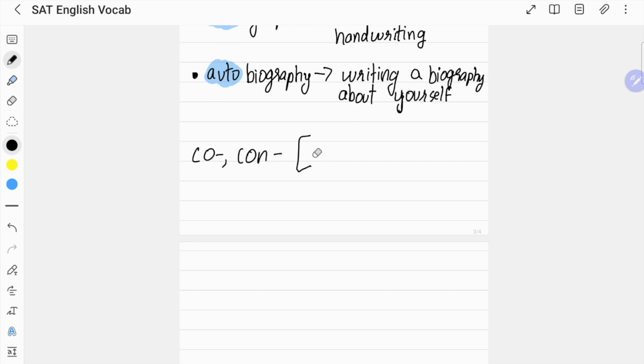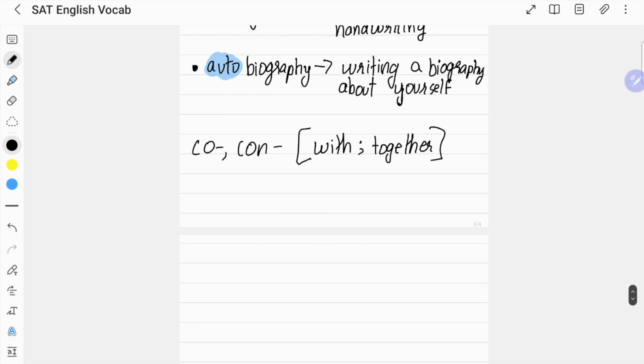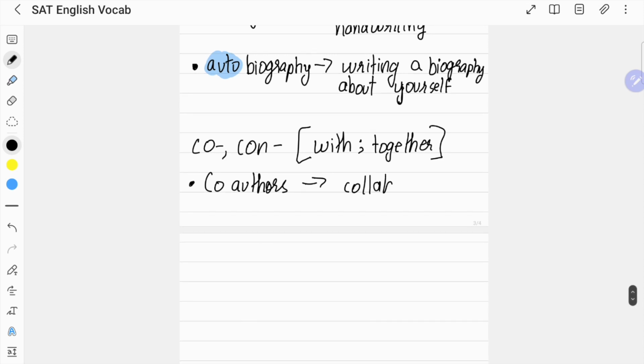Pretty easy, right? Alright, let's move on to some other words like co or con. This normally means with, together, kind of. So we can say a word like co-authors. It's self-explanatory, but co-authors means collaborating on a book together. Collaborating has the same meaning as together or with.